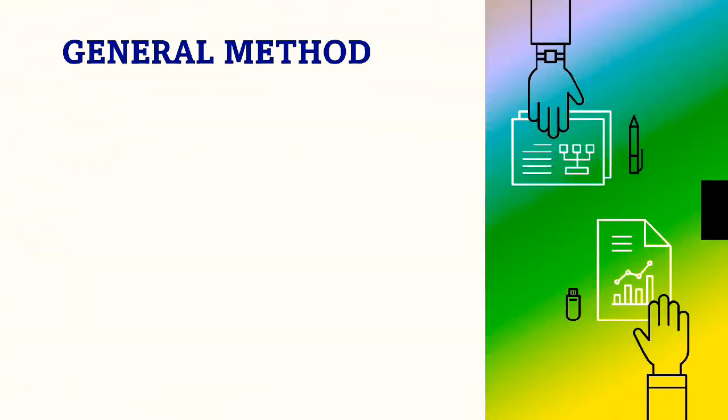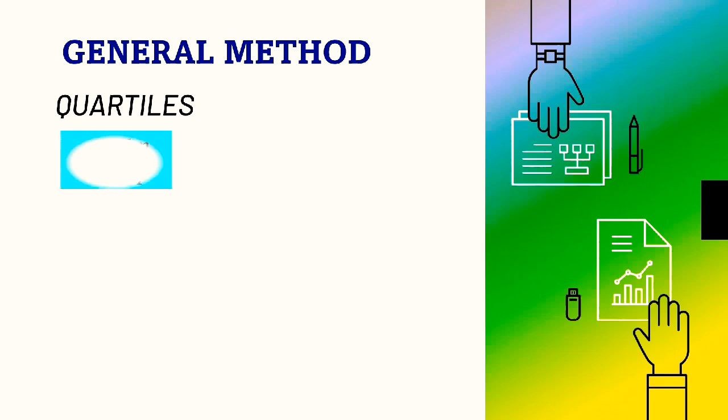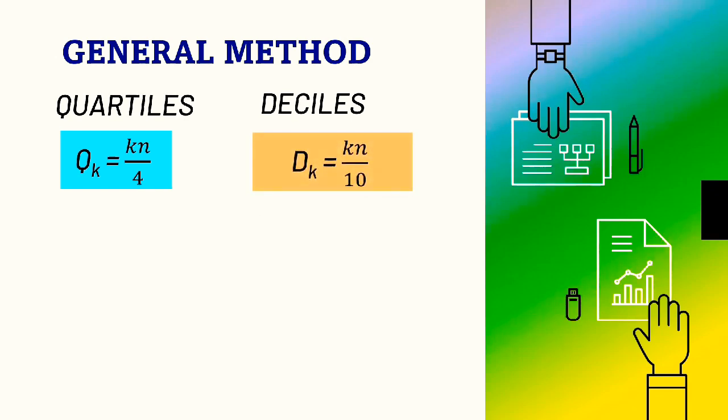Here are the following formulas that you need to remember in solving measures of position using the general method. For quartiles, we have Q sub k is equal to k times n all over 4. For deciles, we have D sub k is equal to k times n all over 10.